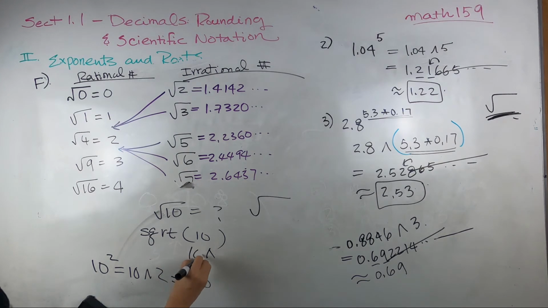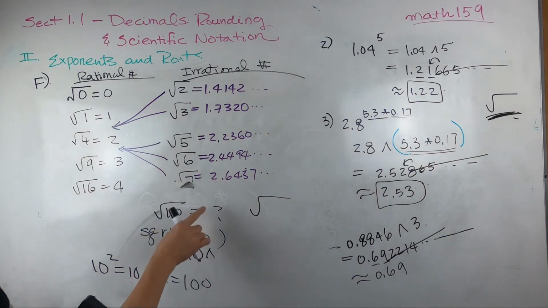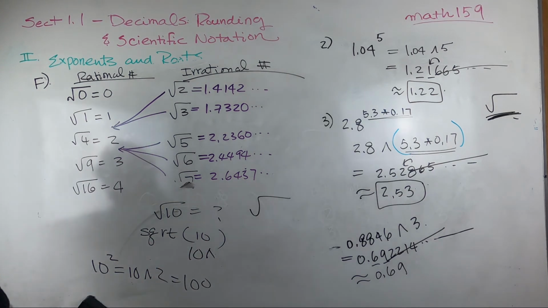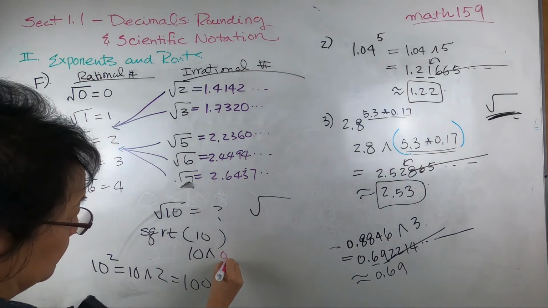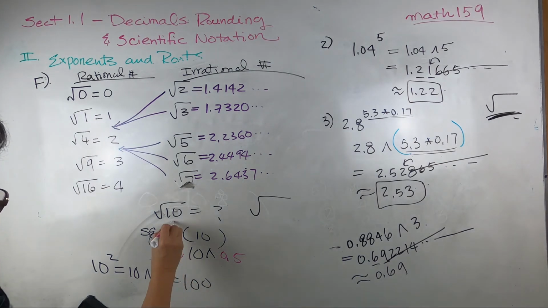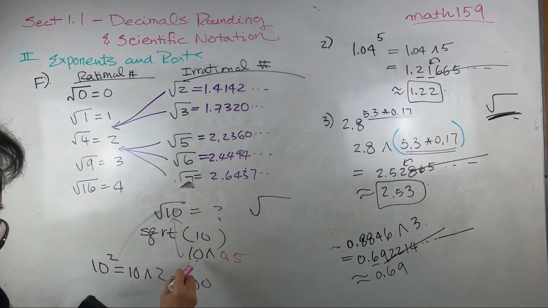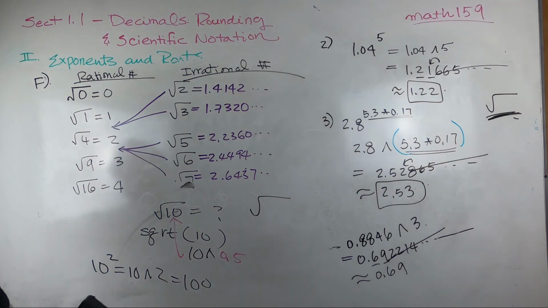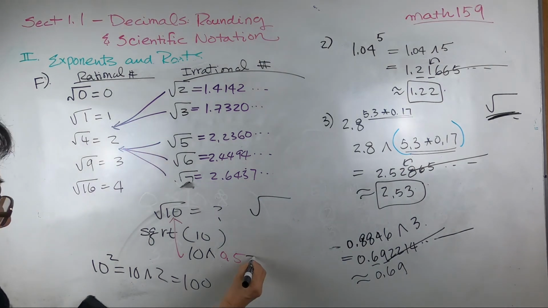But for the square root of 10, you will do what? It means half. You will put 0.5 here. It means square root of 10, you do 10 and this power symbol, then put a half there, 0.5. Take a power, then you will get the same answer as that.